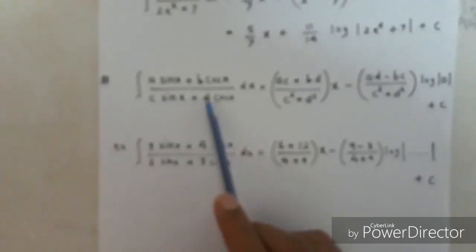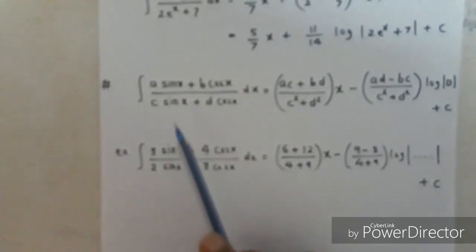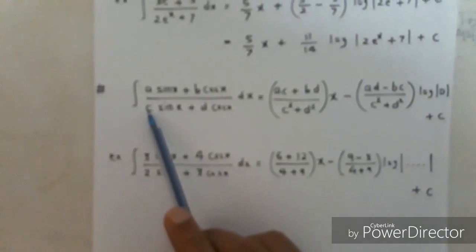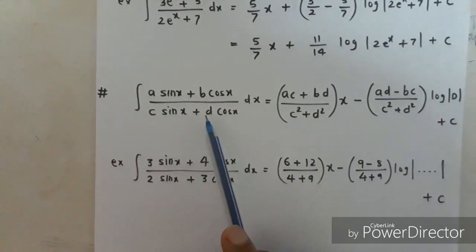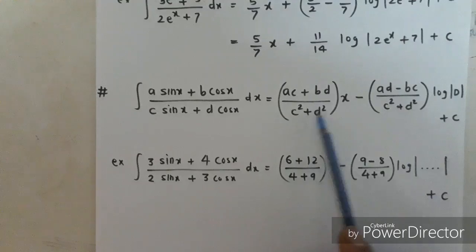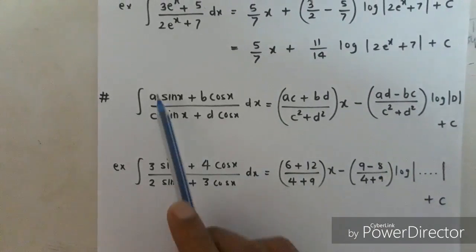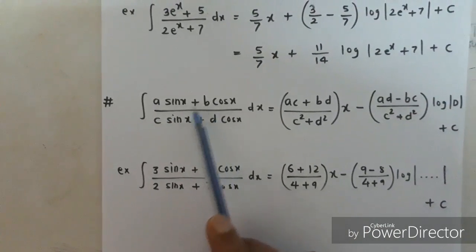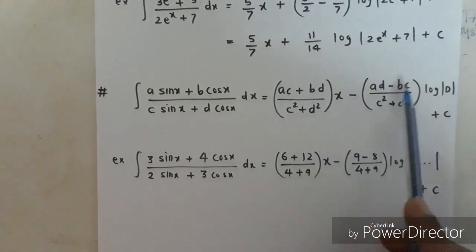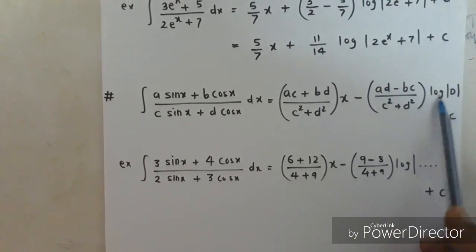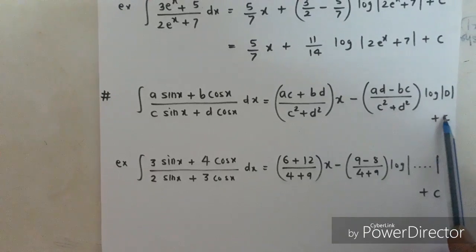A sin x plus b cos x divided by c sin x plus d cos x. It is (a into c plus b into d) divided by (c square plus d square), that's the first term, into x, minus (ad minus bc) divided by (c square plus d square), that's the second term, into log of denominator plus c.